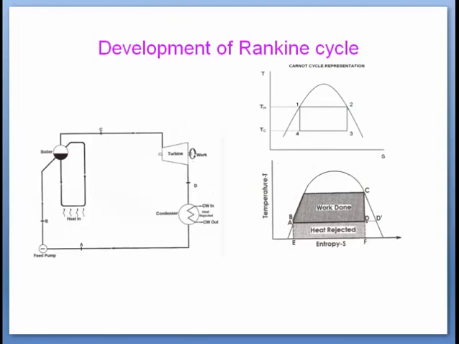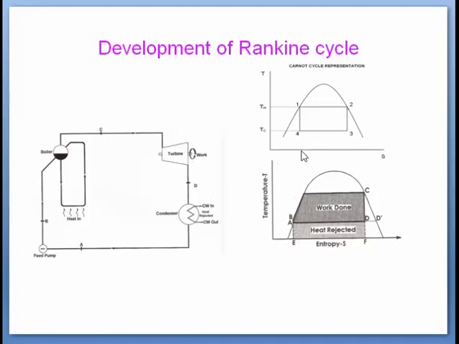However, in the condenser, the steam is condensed up to the saturated liquid condition, that is point A. You can compare it with earlier. After condensation in the condenser, the state condition used to be mixed phase.